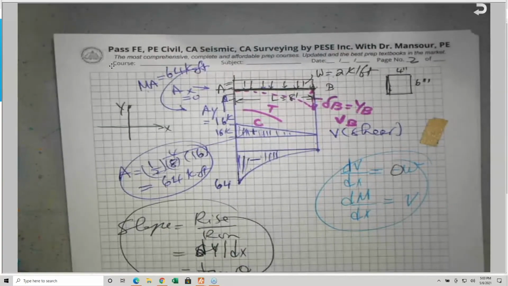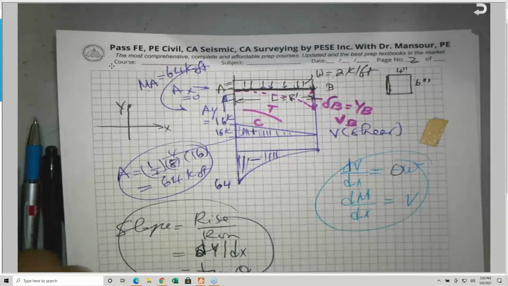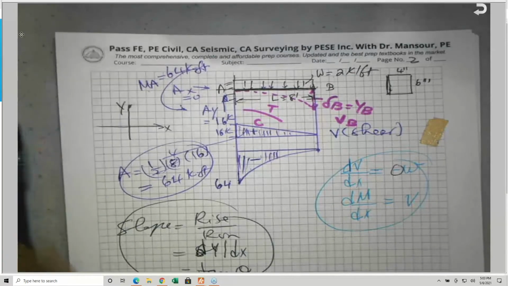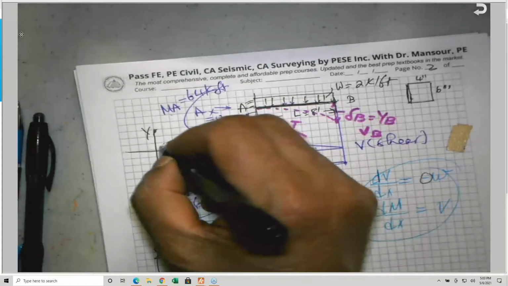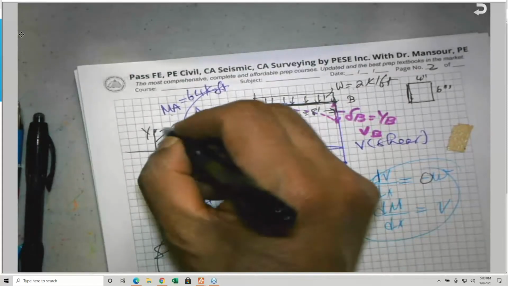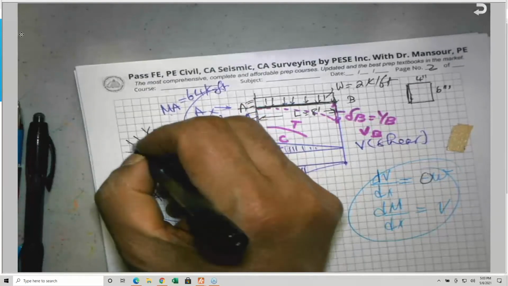So those are the 3 definitions that we know from the math or the calculus. So all the slopes here are positive slopes. Positive, positive. The slope here is negative.